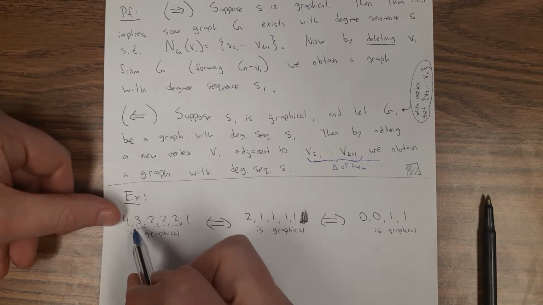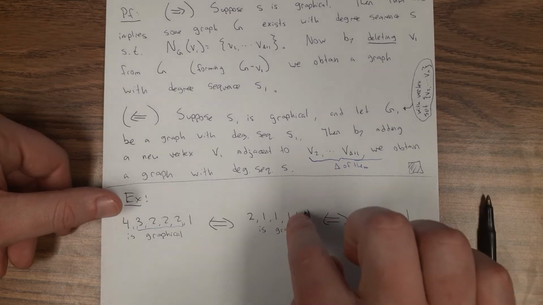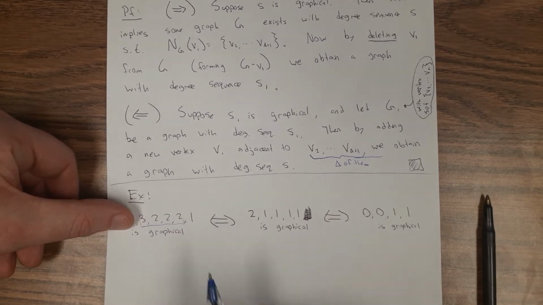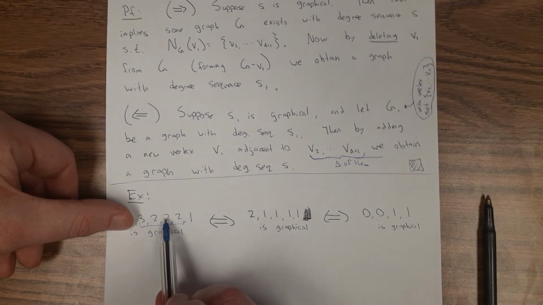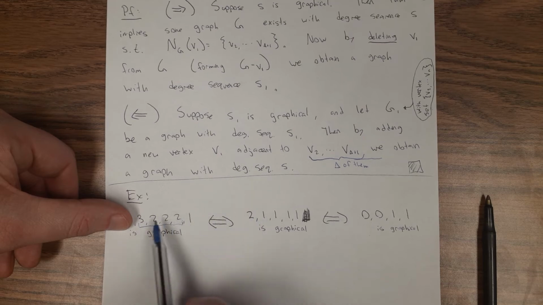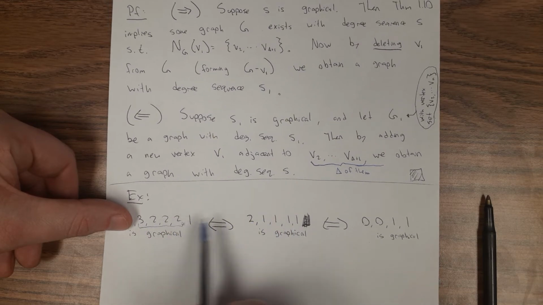So this is a 4, so I'm going to take the next 4. And now I'm going to make a new list where the 4 is just gone. There's nothing there. And then these that I underlined all have a 1 subtracted. So this 3 is a 2, 2 is a 1, 1, 1, and this last 1 is unaffected.